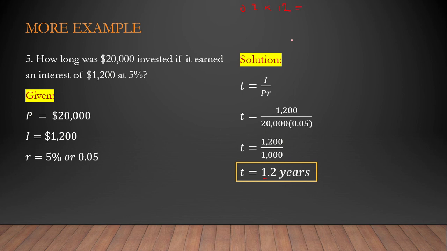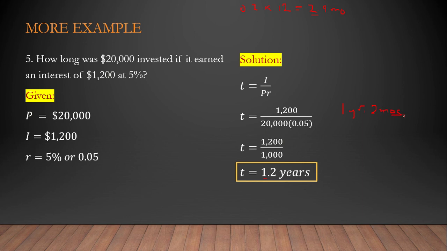So, 0.2 times 12 is 2.4 months. Diba? So, meron tayong 1 year and 2 months.